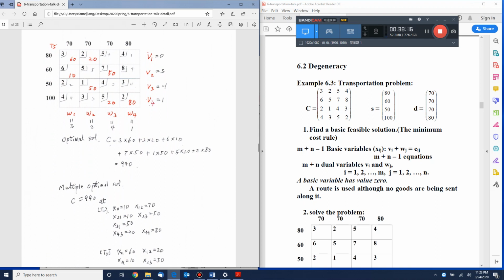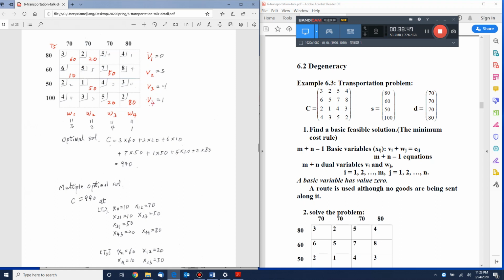When we work on the new tableau, you could see we have x11, x12, x21, x23, x32, x43, x44 as basic variables, right? And the rest are zeros. So in this tableau, we have 7 basic variables in total, so we can work out the duals.